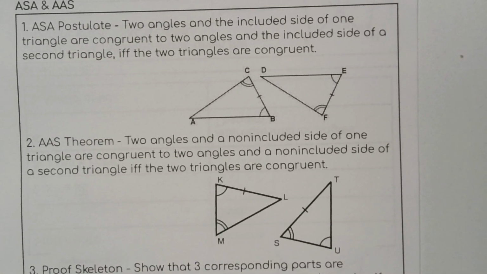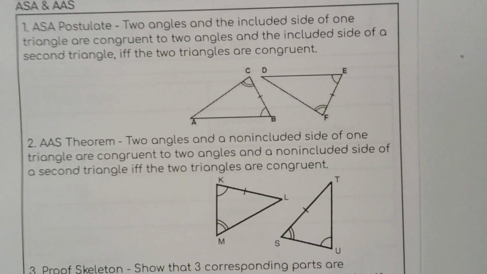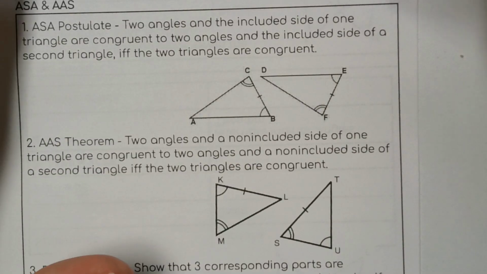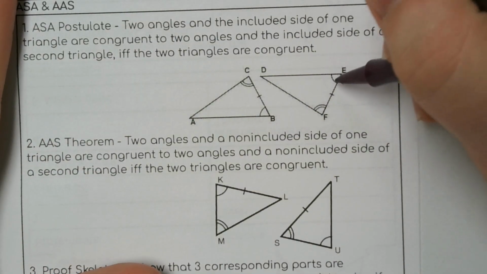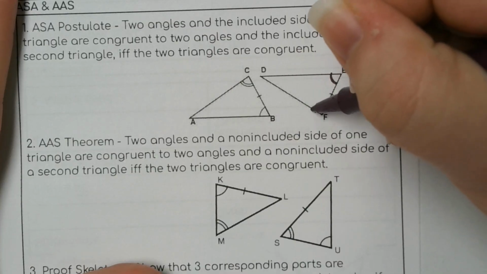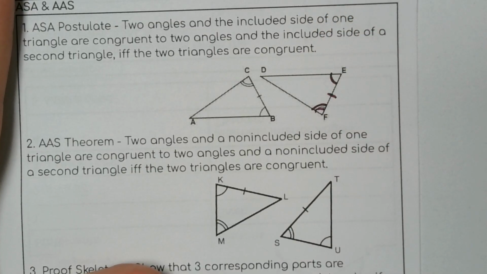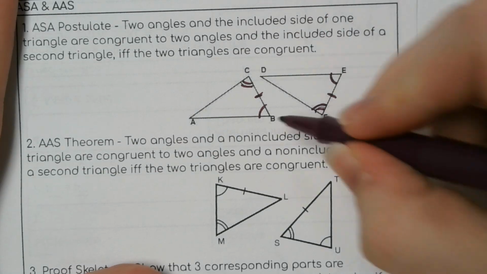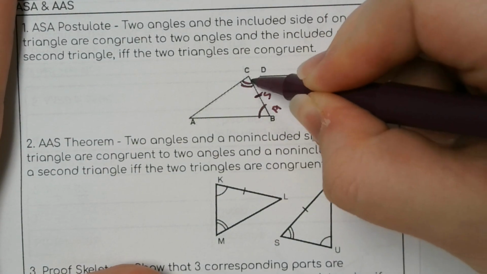All right, so the ASA postulate is 2 angles and the included side of one of the triangles is congruent to the other triangle. So the 2 angles and then the side that's in between those 2 angles. That's how we get ASA.